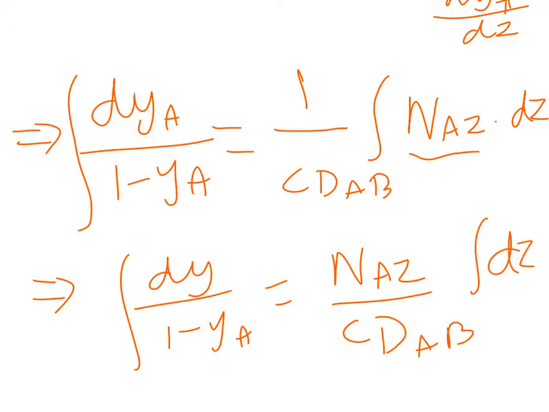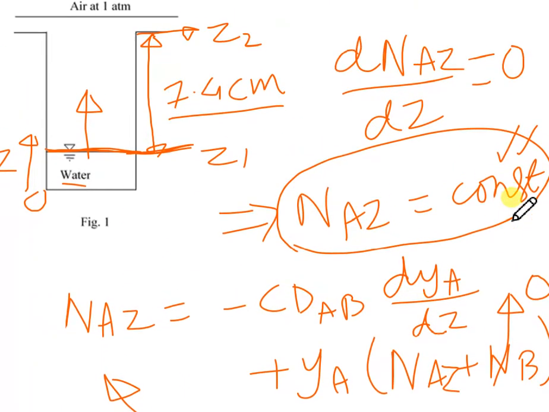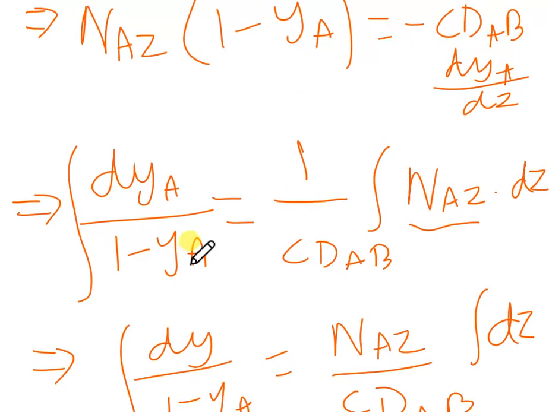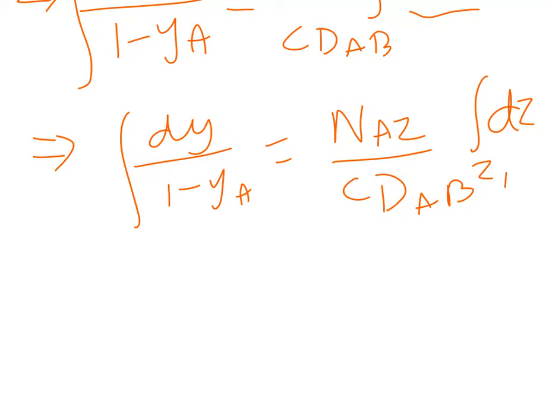Now we will integrate over the diffusion path, that is z equal to z1 to z equal to z2. This is the diffusion path, where diffusion is taking place. So z1 to z2, and then YA1 at z1 to YA2.